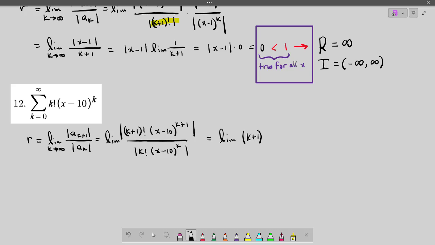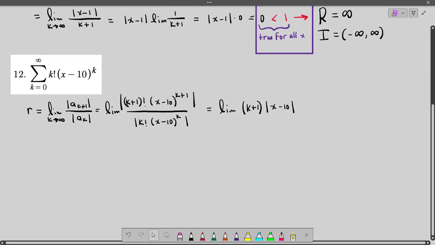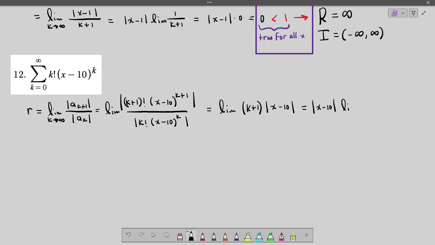So the x's simplify to just an x minus 10, but we need absolute value around it because x is just a random real number, so we want to make sure it stays non-negative. Once again, there is no k in this x minus 10 piece.